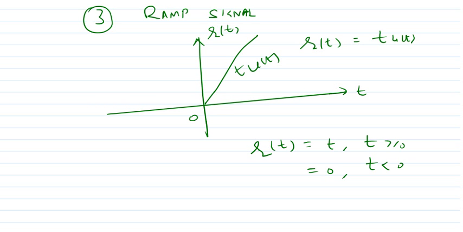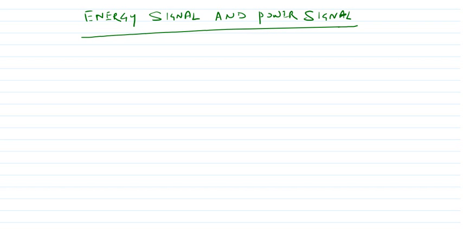Now, further we have some classification of signals, like energy signal and power signal. So how to calculate the energy of a continuous time signal? What is the formula?